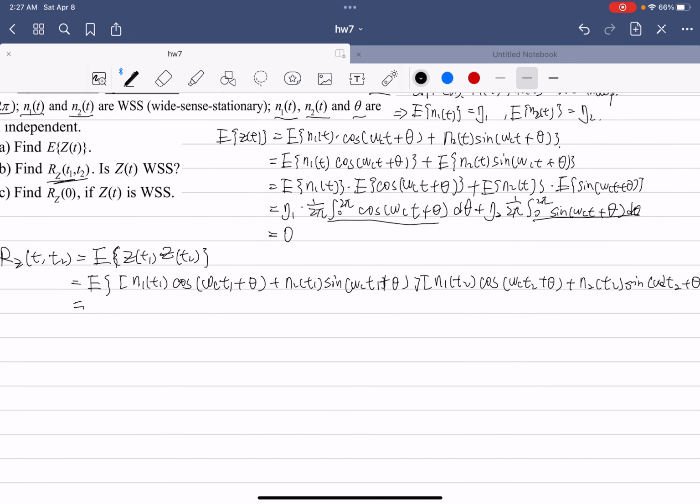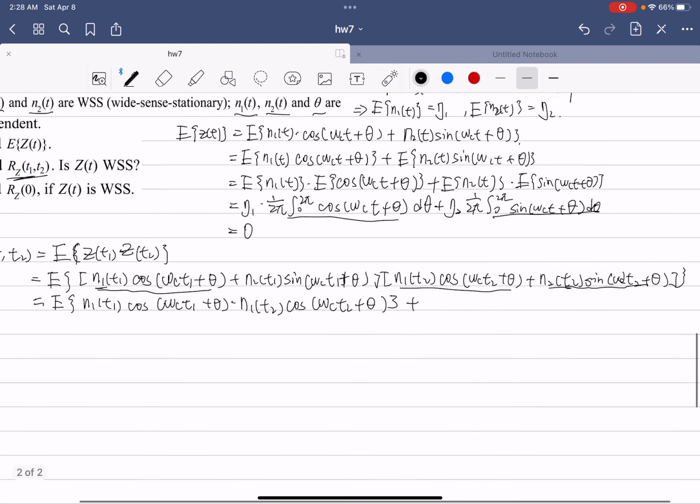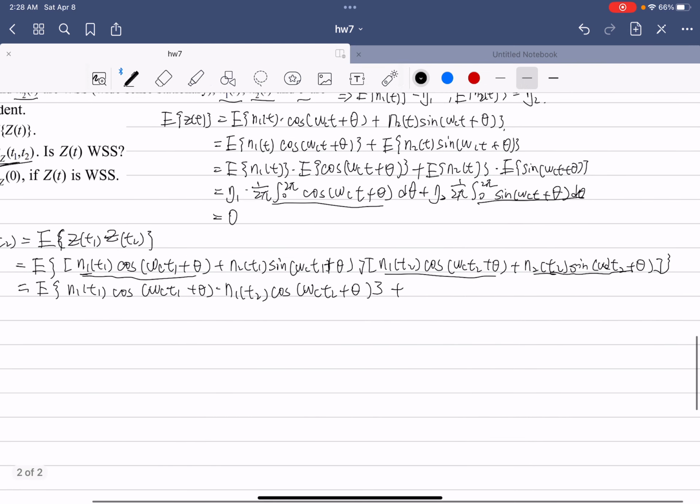Which is the mean of first part times the first part, N1T1 cosine omega ct1 plus theta times N1T2 cosine omega ct2 plus theta, and plus the first part times the second part on the right.